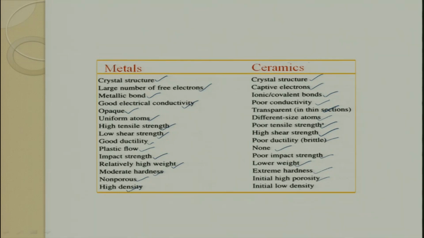Now with this you can identify very clearly the difference between metals and ceramics, when to go for metal matrix, when to go for ceramic matrix. Wherever you have very high temperature applications, we always prefer ceramics. Wherever you would like to have very light weight and there is not much impact load, we always go for ceramic matrix.